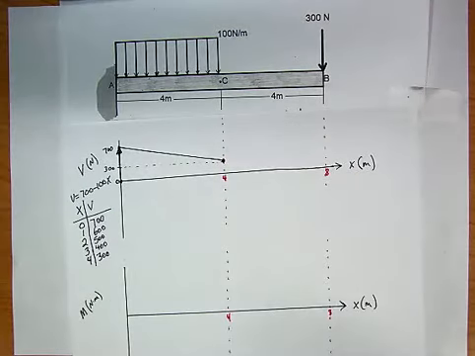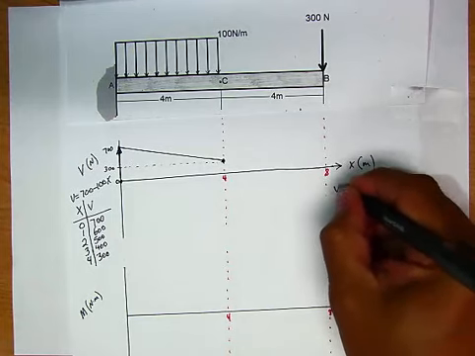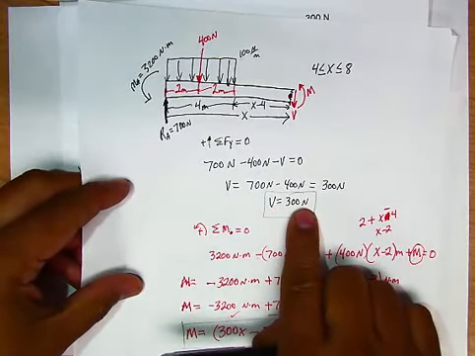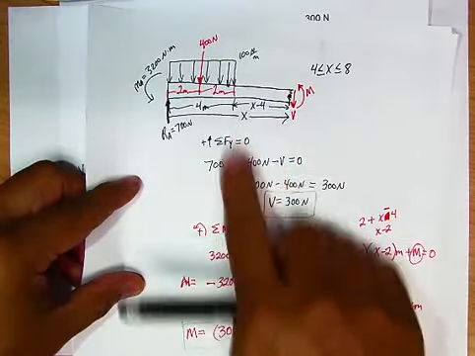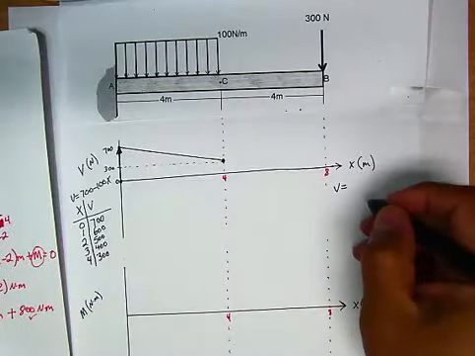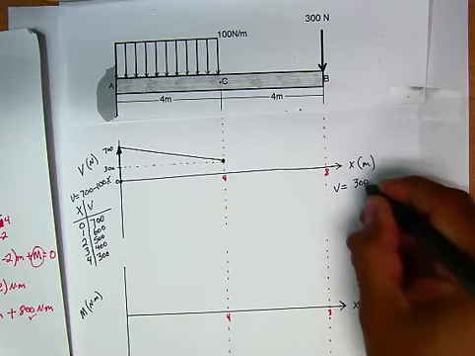Let us continue here with the shear diagram. And we're actually going to be using the other equation for the shear. This right here. It is a constant of 300. And again, this is for section 2, which is valid from 4 to 8. So remember, we're going to 300.